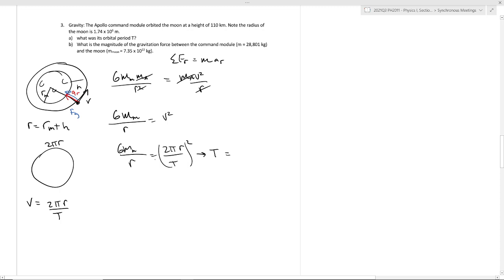So if we shuffle stuff around, this would be 4 pi squared r cubed over GM. And then we would have to take a square root of that whole thing. If we put in our numbers, the radius of the orbit would be, again, the radius of the moon plus the height.